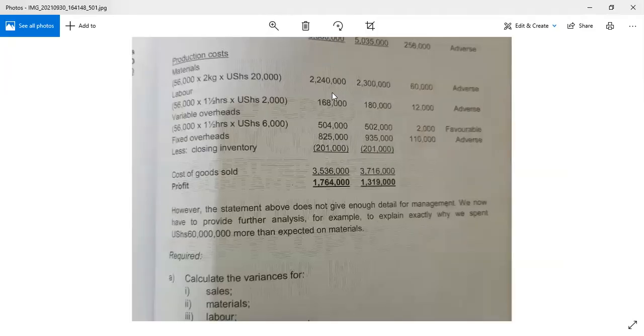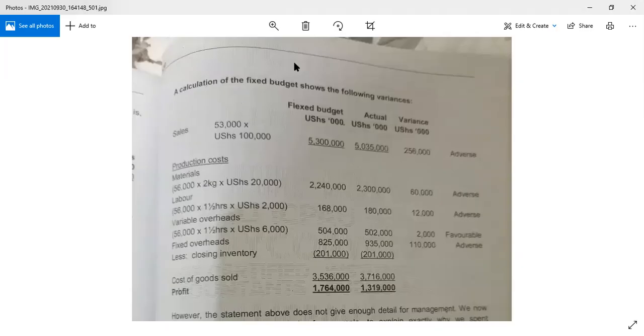As you can see, they also gave us a fixed budget, which shows the following variances. Actually, this is a flexed budget. This is a calculation of what we have just seen on the other side. So we have a flexed budget, and then we have actuals, and then we have respective variances.